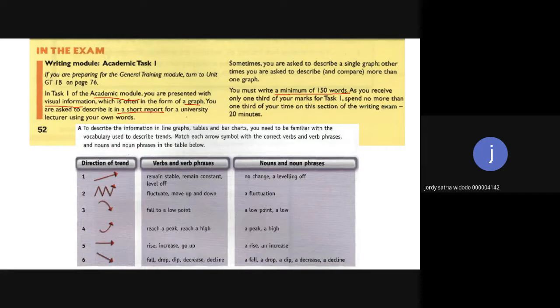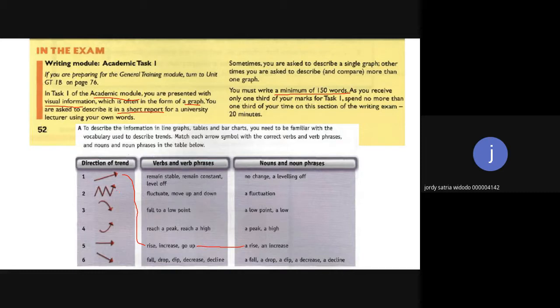20 minutes. Okay, so let's describe all these arrows with verbs or verb phrases and nouns or noun phrases. Let's see number one here. It's going up like this, meaning it is rise, increase or go up. Here rise and increase, go up.